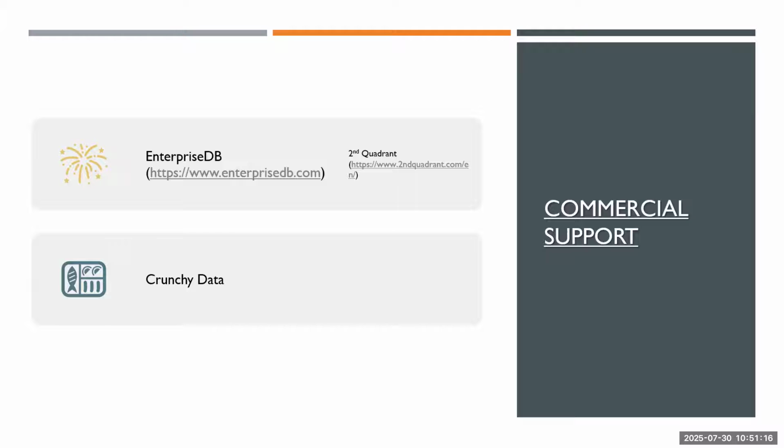So if you need any commercial support, either you can go for Enterprise DB, or Second Quadrant, or Crunchy Data. There are others also, sir. Again, in different regions they have different ones, but these are the more popular commercial support options for the Postgres engine.